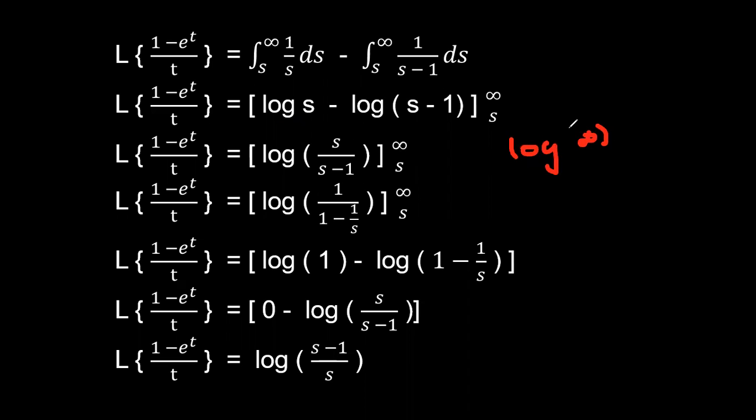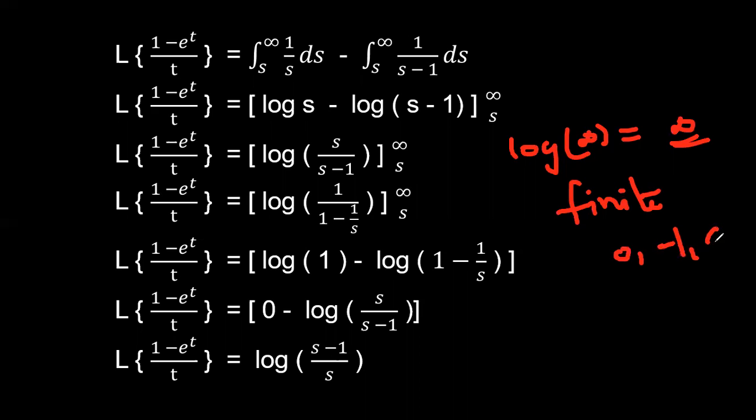Log infinity. What is the log infinity value? Again, it is infinity. So you should not get the infinity value. Whenever you are solving any problem in the Laplace transform, it should always be a finite value. Either it can be 0, or -1, or some constant. It can be defined only for a finite value.